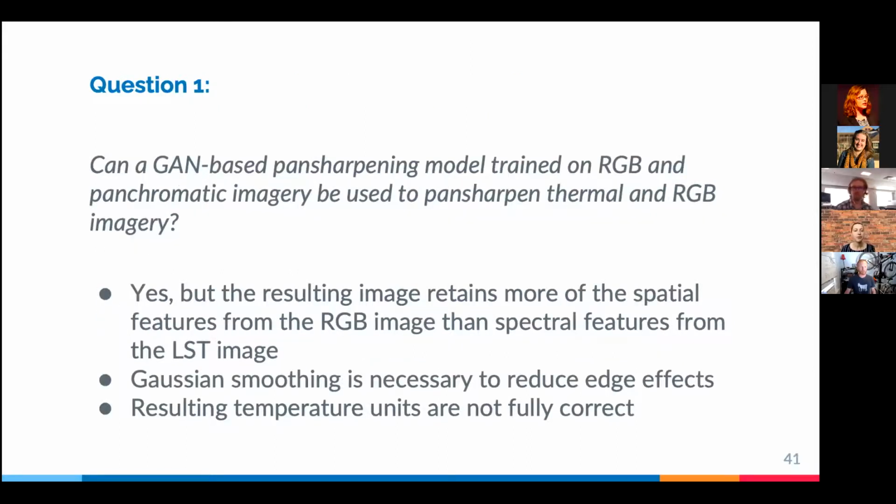So to answer that first question, I found that yes, a pan-sharpening model trained on RGB and panchromatic imagery can be used to pan-sharpen my thermal optical patch pair dataset, but the resulting image retains more of the spatial features from the RGB image than spectral features from the LST image. In addition, Gaussian smoothing was necessary to reduce the edge effects, and the resulting temperature units are not fully correct.